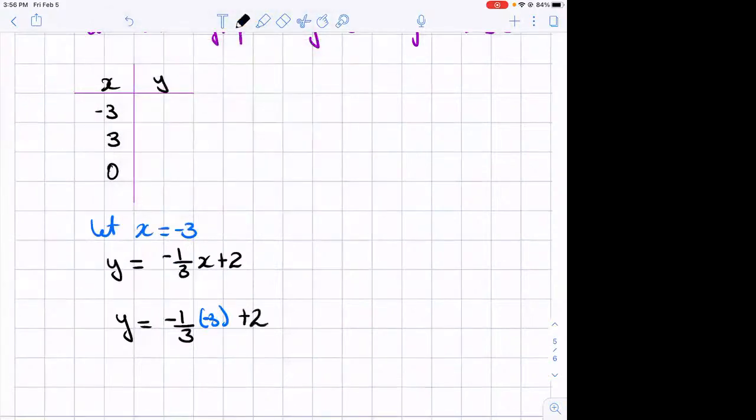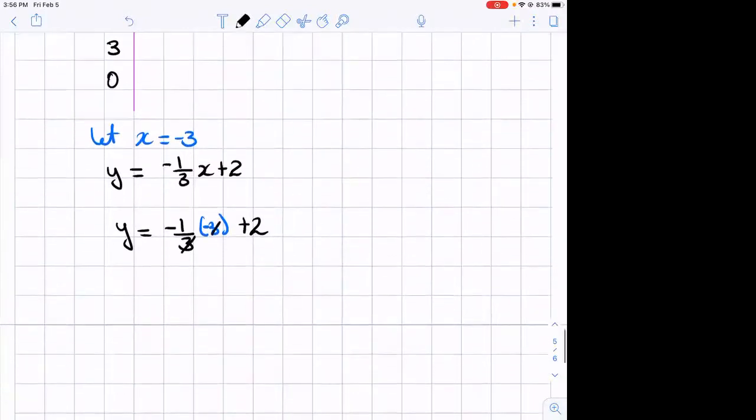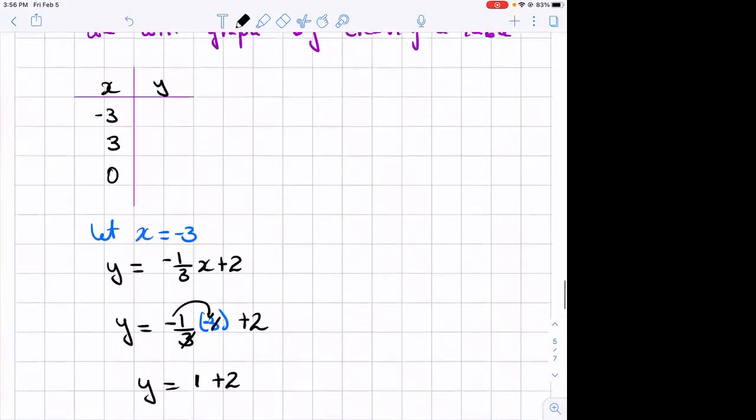Because this 3 and this 3 will cancel out, leaving you with -1 times a negative becomes +1, plus 2. And that is equal to 3. So this ordered pair is -3, 3.